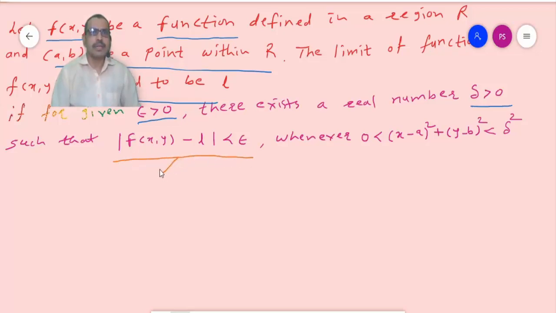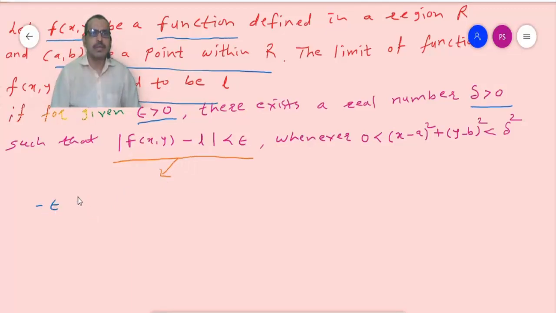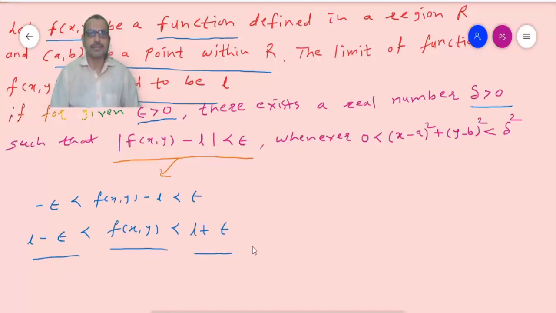Here, mod f of x minus L is less than epsilon. What does this inequality represent? This inequality represents that minus epsilon less than f(x, y) minus L is less than epsilon. That is, L minus epsilon less than f(x, y) less than L plus epsilon. That is, here this function f(x, y) lies between L minus epsilon and L plus epsilon.